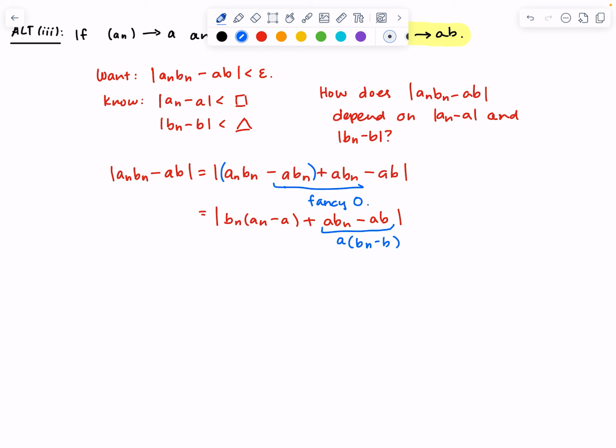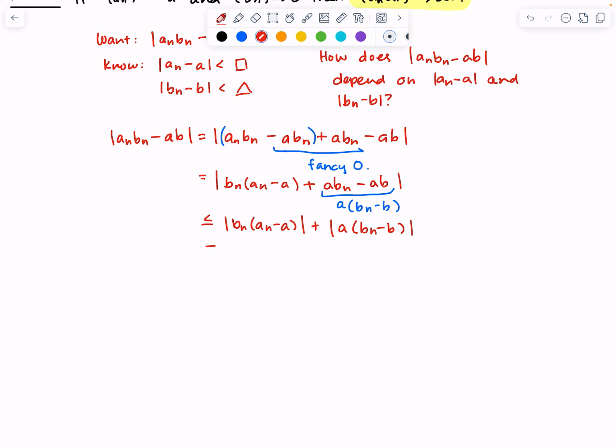And now I have something that allows me to see BN minus B together. I'm going to use the triangle inequality to split this apart. And I am going to then isolate further by bringing the absolute values in around each of the products on my terms.